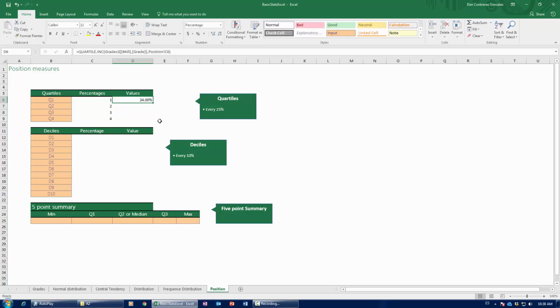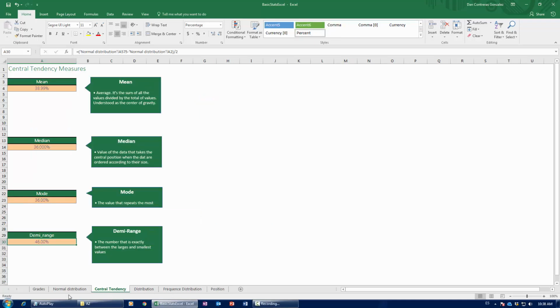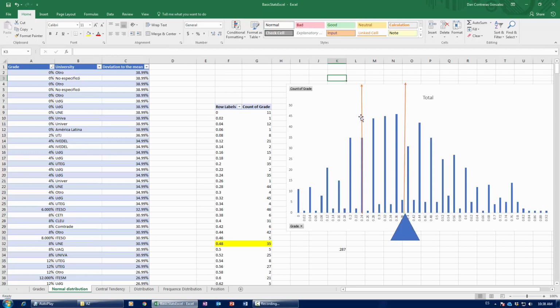It includes this 24%. So it's sheer coincidence, but 25% of the population is at or below a 24% grade. They're usually not this close together. It's just a coincidence that it's a difference of just 1%. But that means we can safely say that 1/4 of the people that took the exam is at or below a 24% grade.